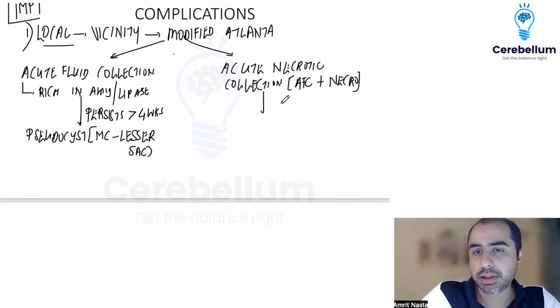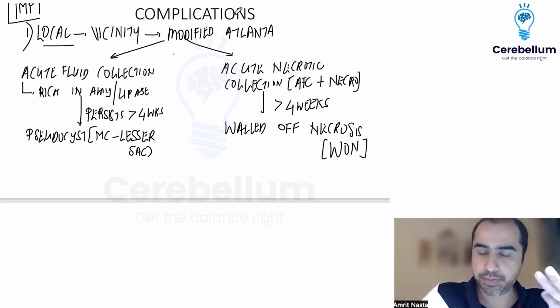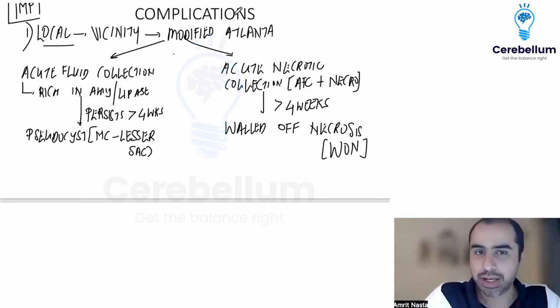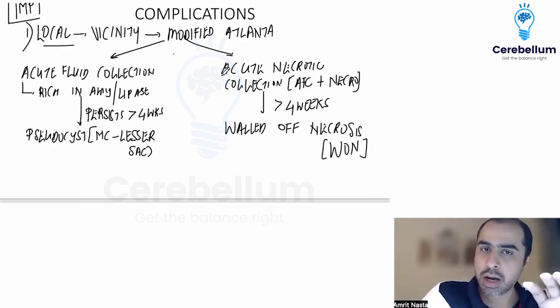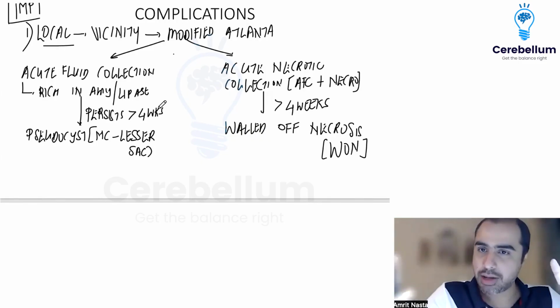And if this persists for more than 4 weeks, then it will be called walled off necrosis. You will call this walled off necrosis, WON. आप जीत नहीं गए हो, वो वाला one नहीं है, it's WON, walled off necrosis. These are some complications that you are going to see in the vicinity of the pancreas. Yeah? These complications can lead to more complications. So they are the local complications.